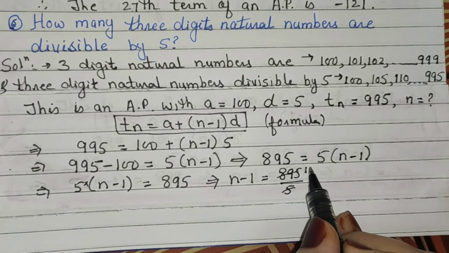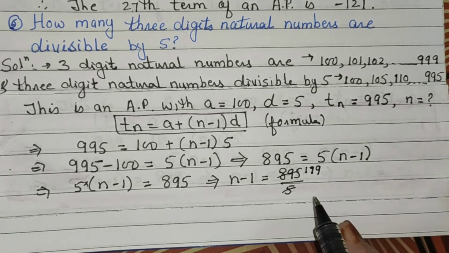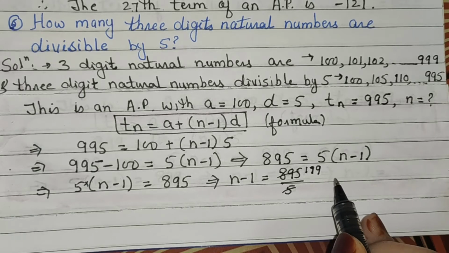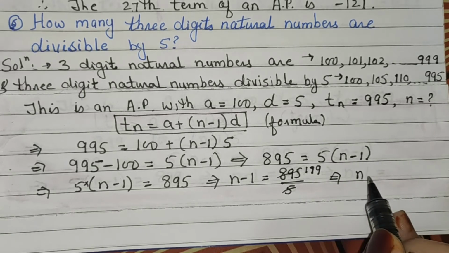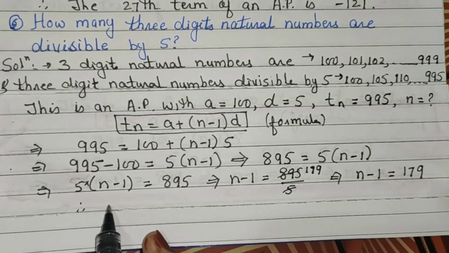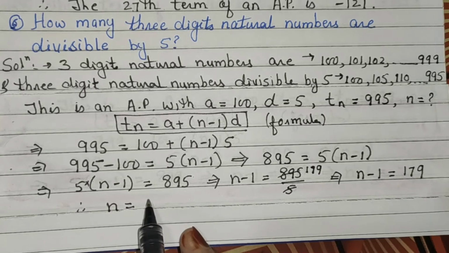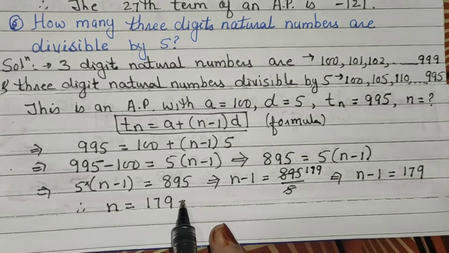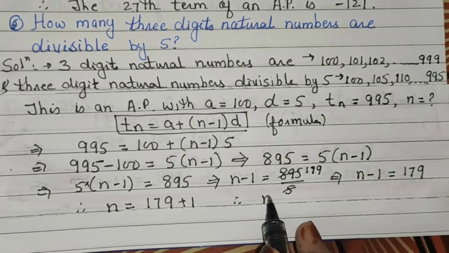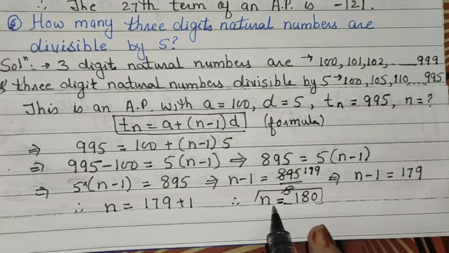Next 5 sevens are 35 and 5 nines are 45. Therefore, we get the value of n minus 1 is equal to 179. Therefore, n is equal to 179 plus 1, shifting to the right hand side. Therefore, the value of n is equal to 180.